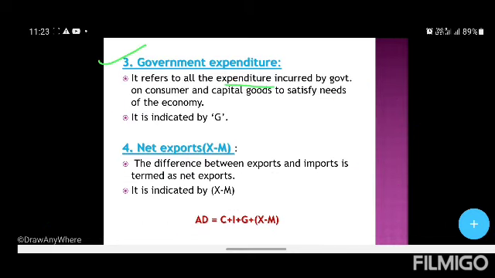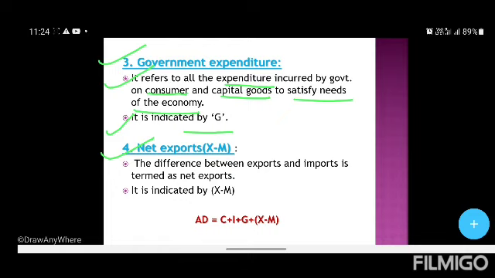Then we have government expenditure. जितना भी government incur करेगी expenditure on the capital goods or the consumer goods to satisfy needs of the economy. Government भी बहुत ज़्यादा खर्चा करती है, expenditure करती है on the different goods and services, whether they are consumer or capital goods. So that expenditure is called the government expenditure and it is indicated by capital G. Then we have net exports.